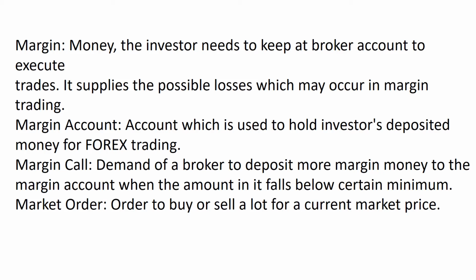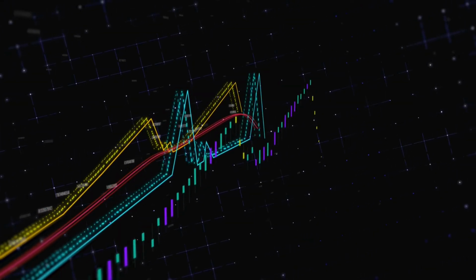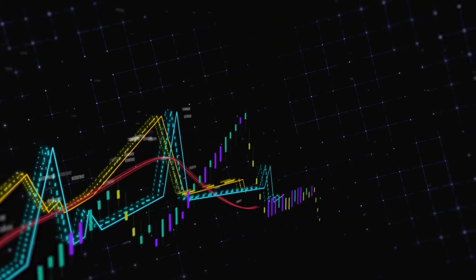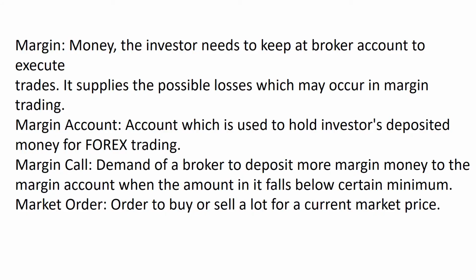That means the money that you need to pay into your broker's account so that you can trade. It covers the possible losses which may occur in margin trading. Margin account, an account which is used to hold investors' deposits, money for forex trading.